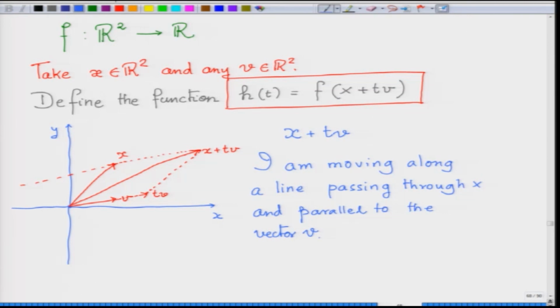So, what is my c(t) here? We are again using the chain rule. Think of it, your c(t) in this case is x plus t v, and this implies that my c dash t is v.